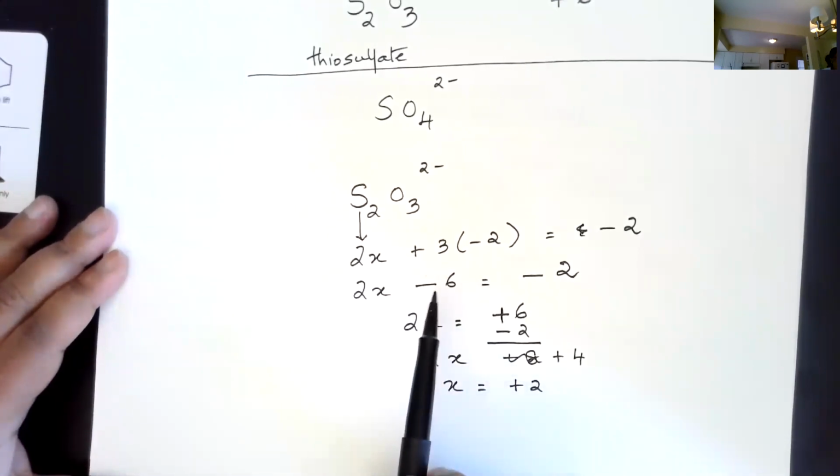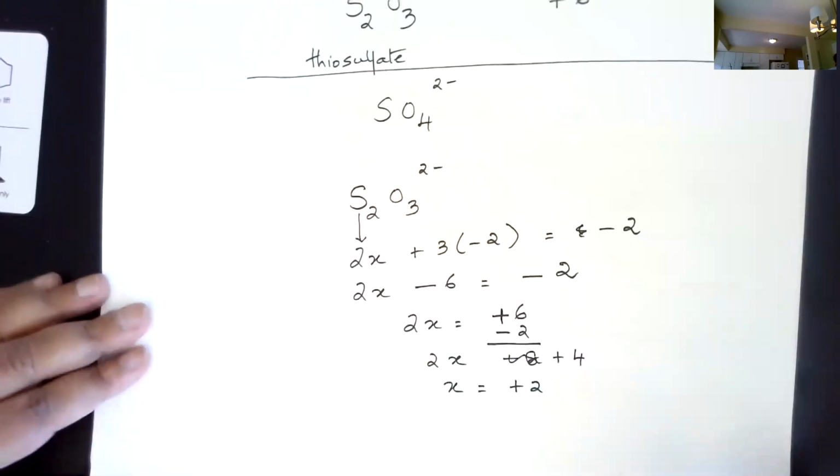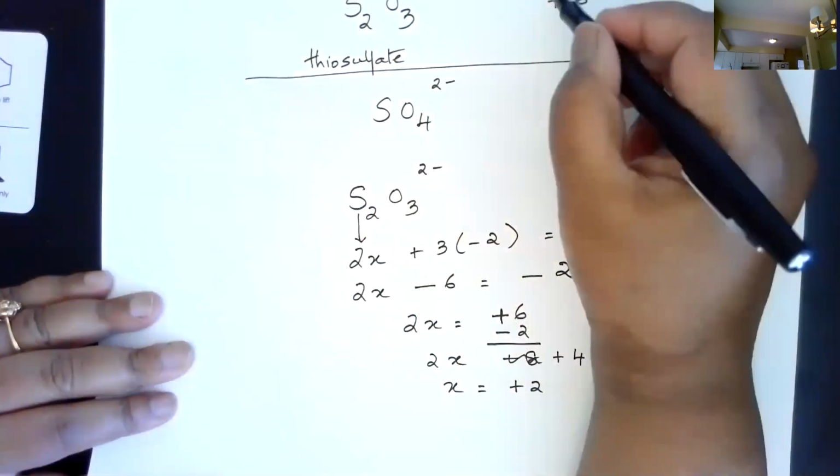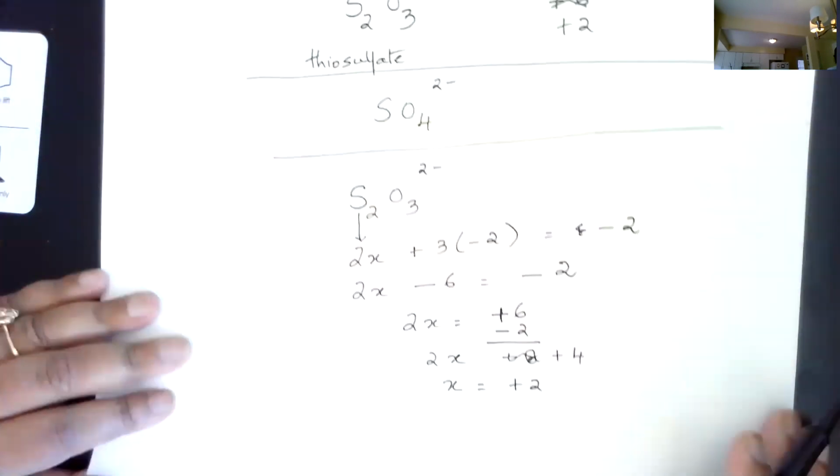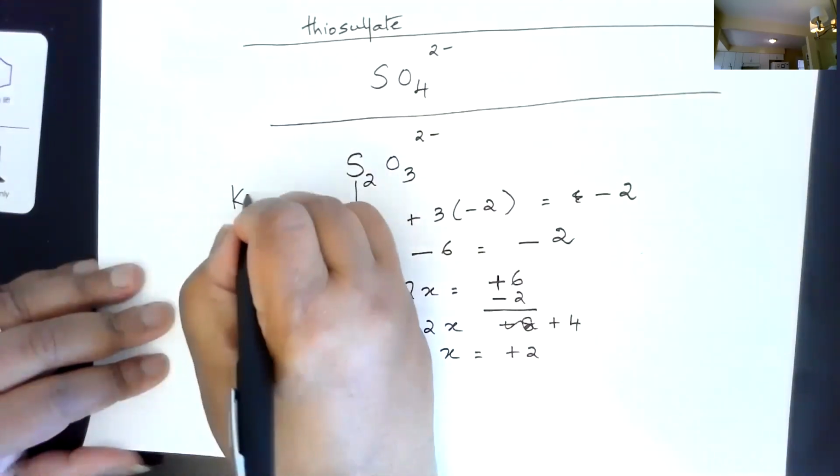She said 6 because she looked at that and thought it was 6. That's a common mistake. So it's +2. Learn the method.